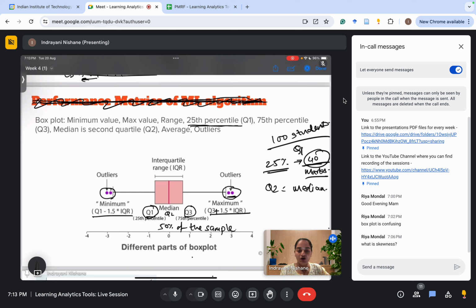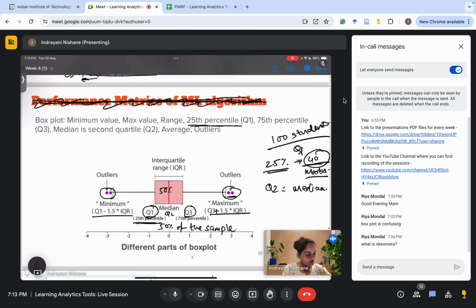It is a way of representing the most common box, the 50% of our sample, which occurs between Q1 and Q3. Right now it may sound difficult to understand and interpret, but you have to get to know that this point represents the bottom 25%.